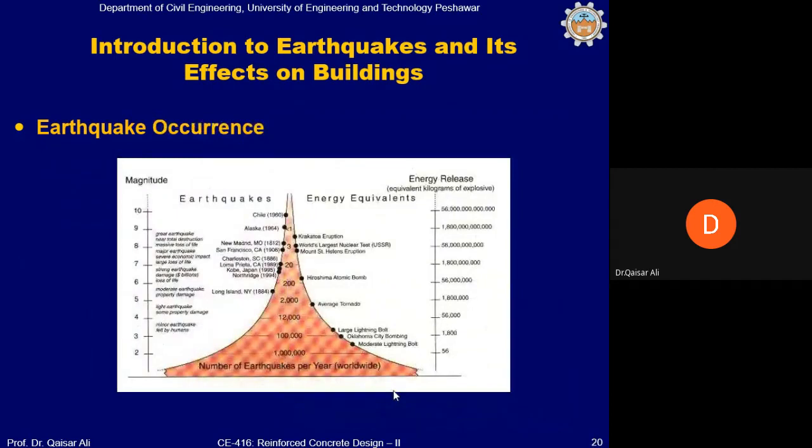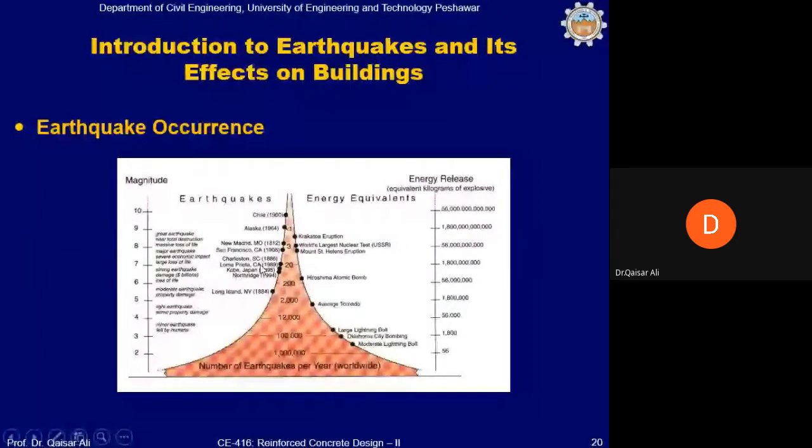You can see the magnitude on the left, 2, 3, 4, 5, 6. These are the magnitudes on the Richter scale. And then on the right, the energy release in terms of equivalent kilograms of explosive. A magnitude 6 earthquake will release energy, roughly speaking, equal to the Hiroshima atomic bomb, and the number of earthquakes that occur per year worldwide is 200 of magnitude 6.